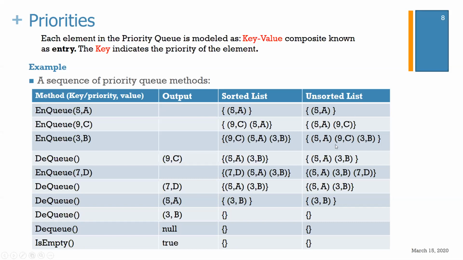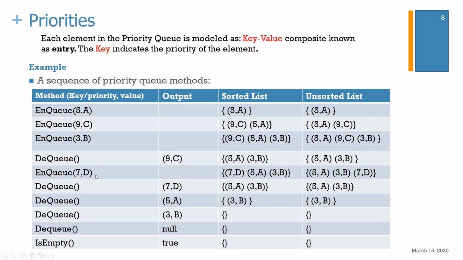We need to traverse to find where the highest priority element is. So remove this element. For NQ 70, 70 for a sorted list, comes up next to 5. But for an unsorted list, behind the back 3.